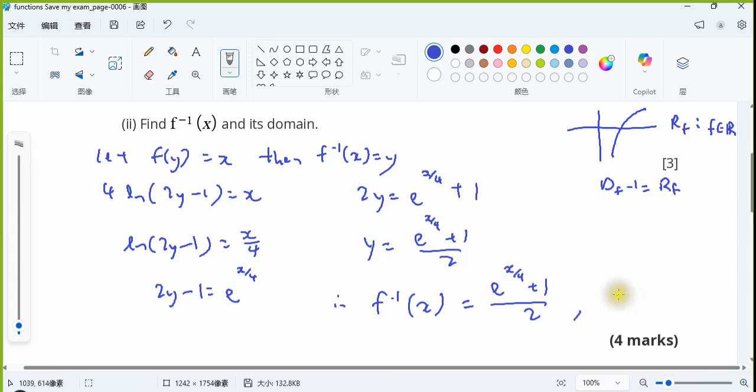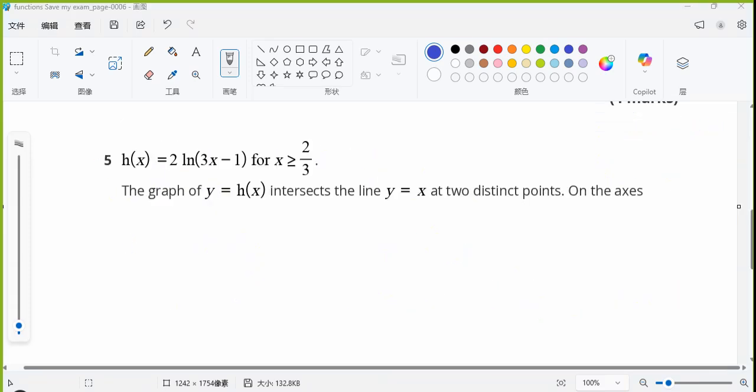Therefore, x can be any real number. Yes. Question number 5. h(x) is this. Intersect y = x at two distinct points and on the axis.